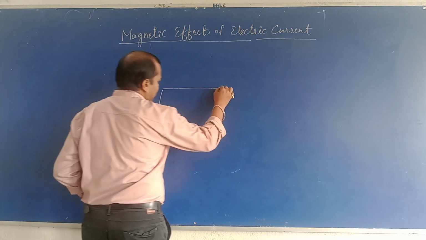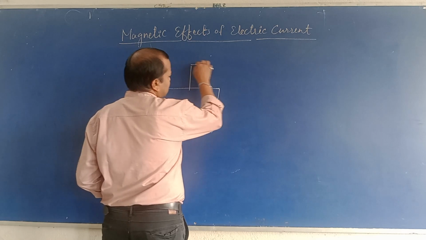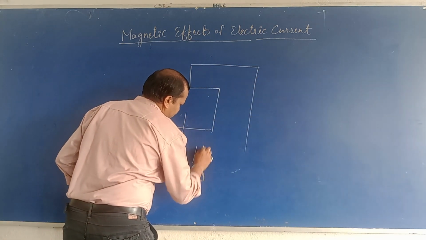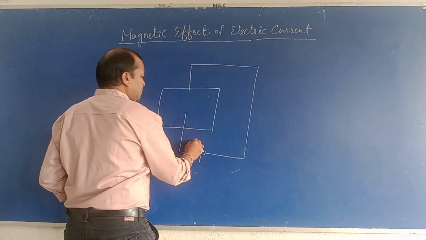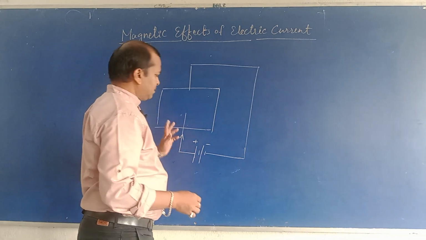Suppose I take a plain paper, and this experiment is in the NCERT book. Obviously this is positive and this is negative, which means current will pass from this side.